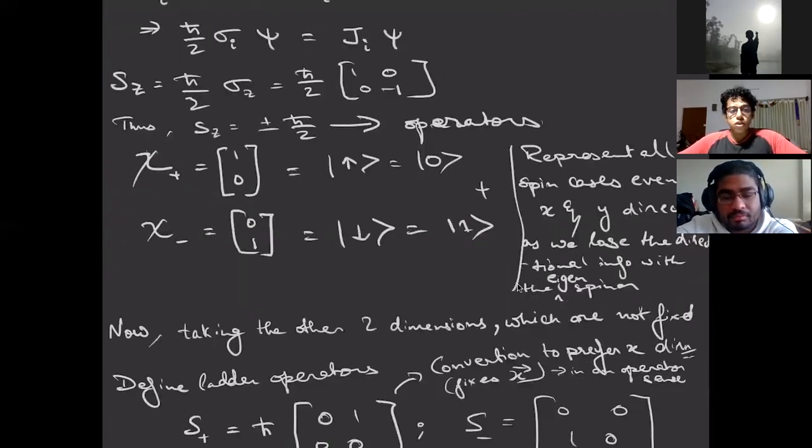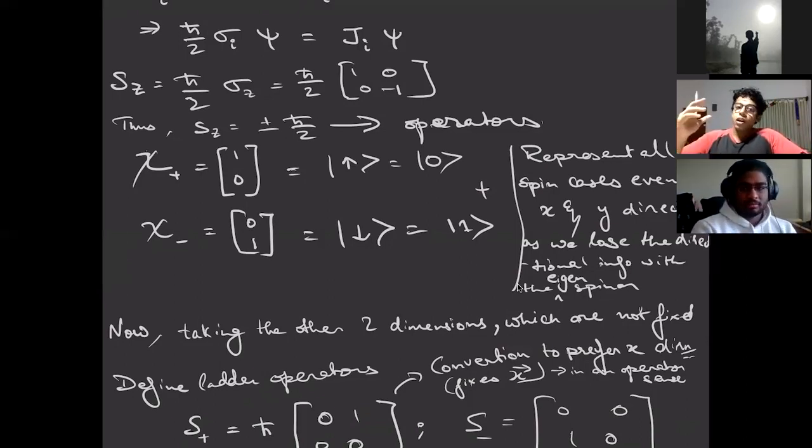So once we start talking about spin, we slowly need to define things. Spin is a very complex object because you would imagine spin to be oriented in a particular direction only, but because of the quantum behavior, there are ladder operators. That means you can actually change your spin.